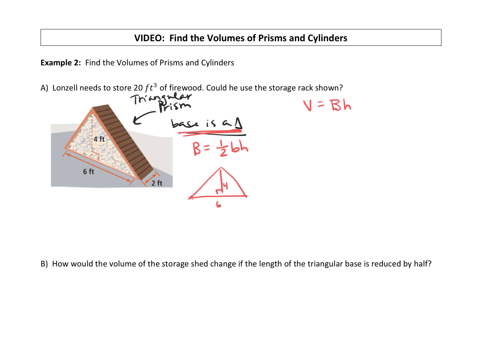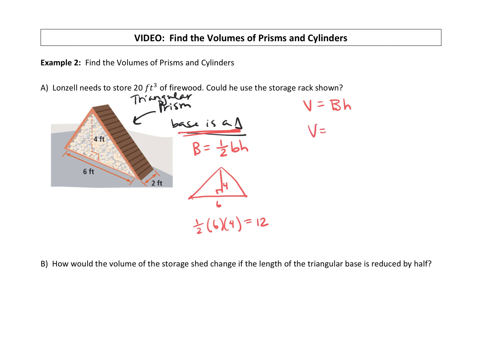That's our base and that's our height. So the area of our base is 1/2 times 6 times 4. Half of 6 is 3. 3 times 4 is 12. So the area of our triangular base is 12.